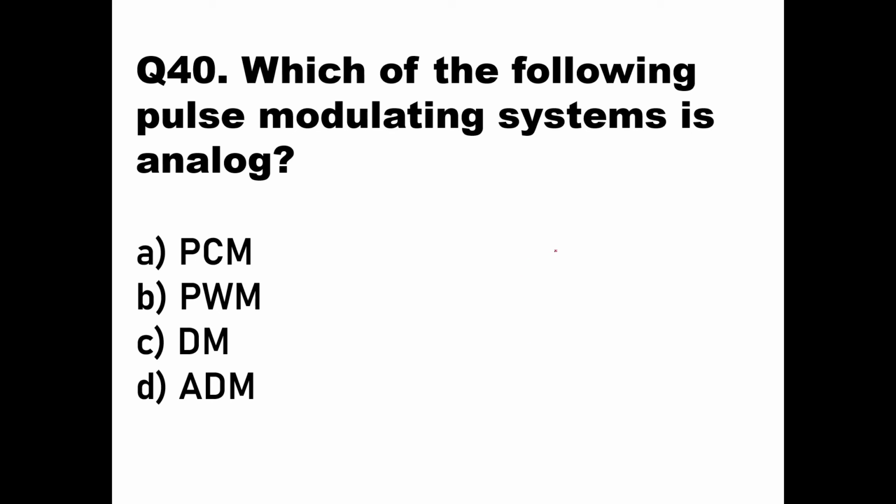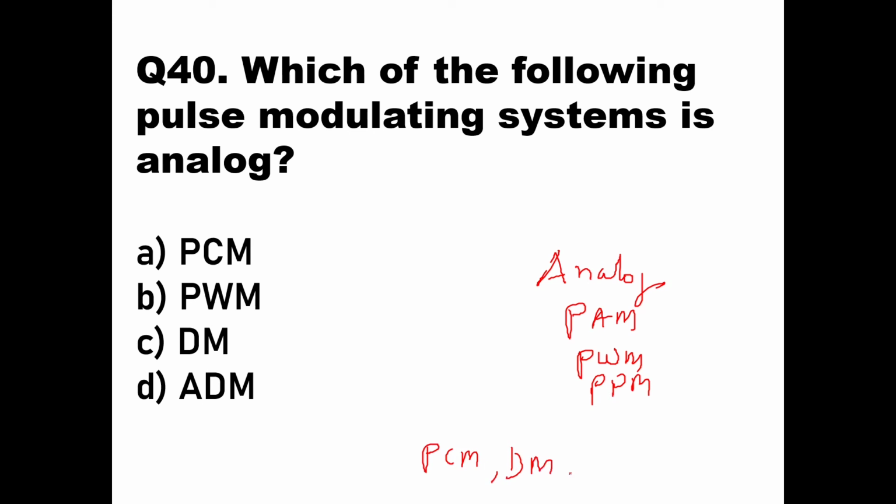Okay. So if you see analog modulation, in that you have PAM, PWM, and PPM. And the others, which are PCM, pulse code modulation, delta modulation, and adaptive delta modulation, give you digital values.